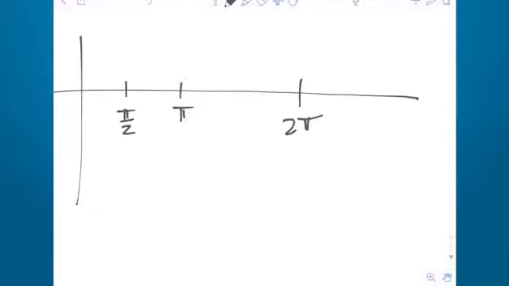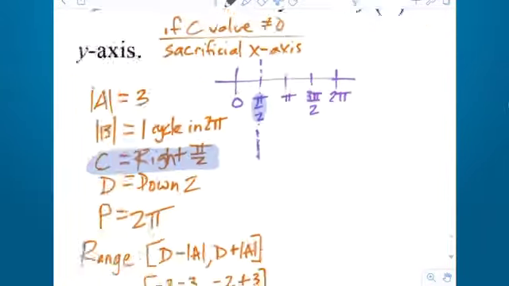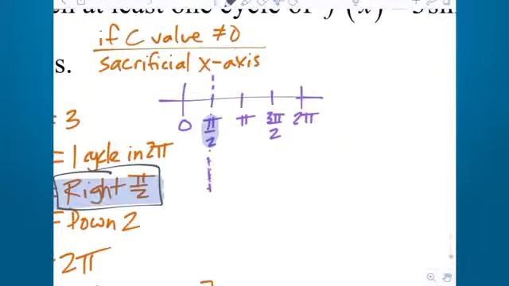It just so happens I can use the same numbers, but again, that's not always the case. Because I shifted everything right pi halves, and the old y-axis was at 0, I just picked it up and moved it right pi halves, which is the very next critical value. So the value at pi halves moved over to pi. The value at pi moved over to 3 pi halves. So again, I'm picking it up and moving it over one critical value and setting it back down in the same tracks.